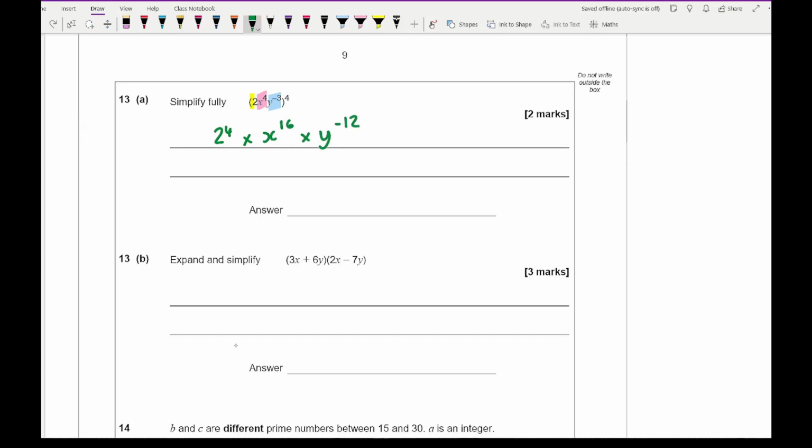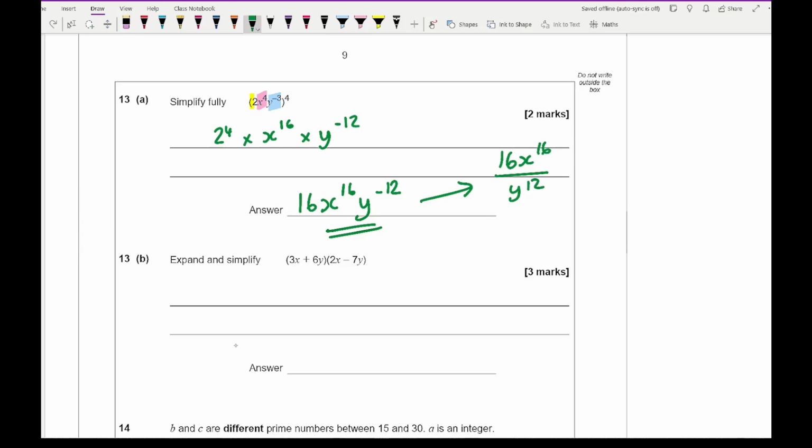And then here, just remove the multiplication symbol and simplify 2 to the power of 4, which is 16. So the final answer is going to be 16x to the power of 16, y to the power of 12. Now you could write your answer like this, although I won't expect many people to do this, but that would be absolutely fine.